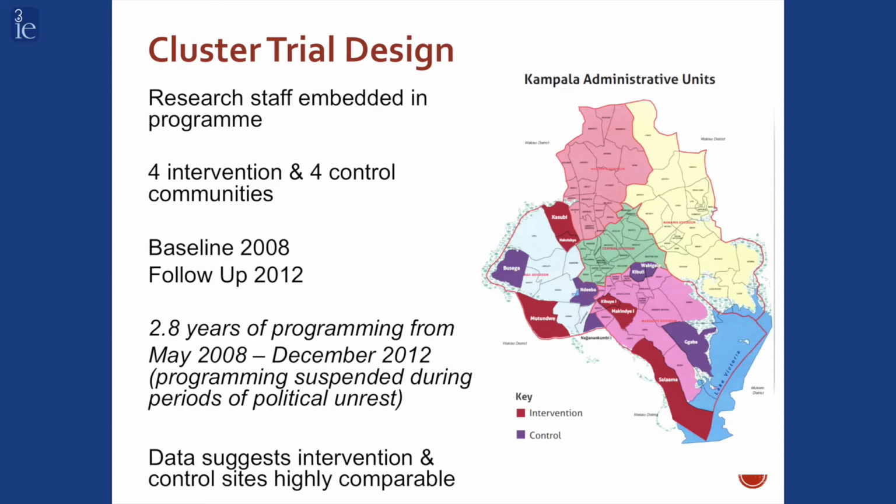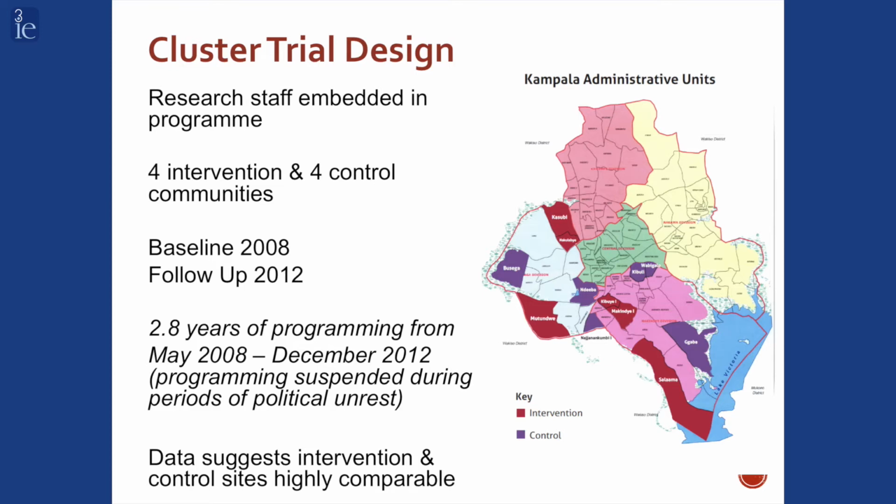We had buffer zones between our intervention and control communities, because we were very aware, since we're looking at a social diffusion intervention, of the risk of contamination. In the end, we did a baseline in 2008 and a follow-up survey in 2012, which assessed the impact of 2.8 years of programming.